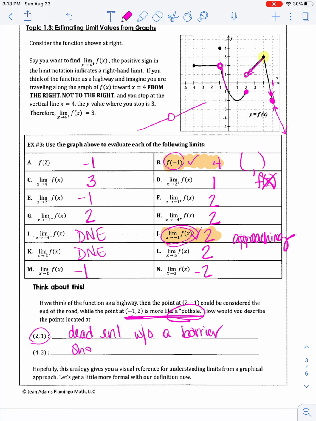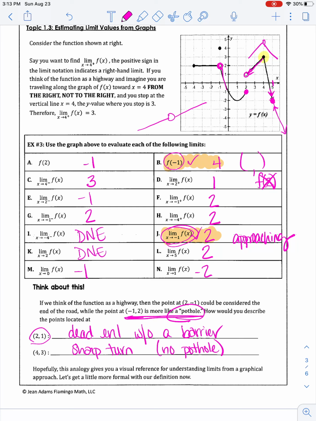He's kind of just a sharp turn. No pothole, because there's no hole. If it had done this, then that would be a pothole. And we're going to come up with better words for it than pothole, but I don't think we do that today.